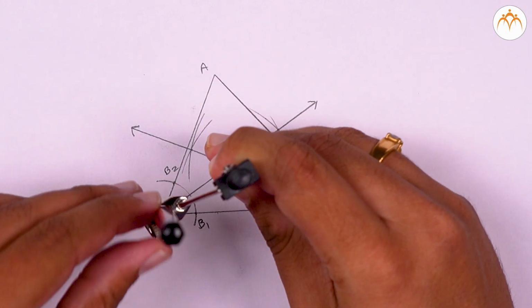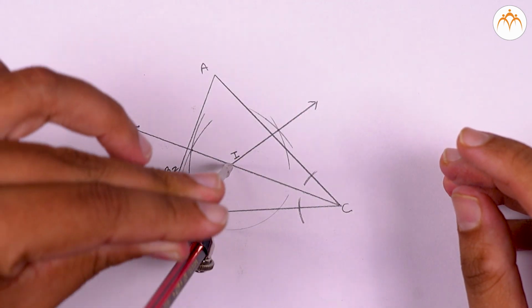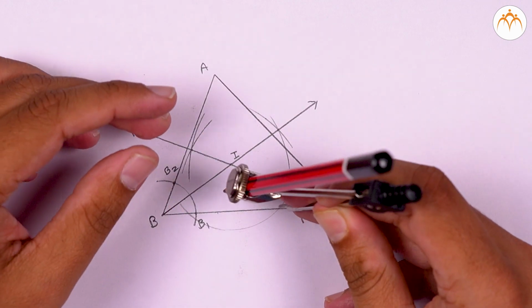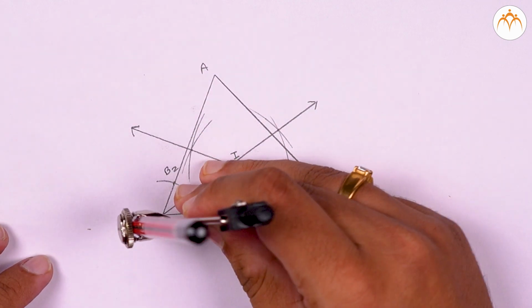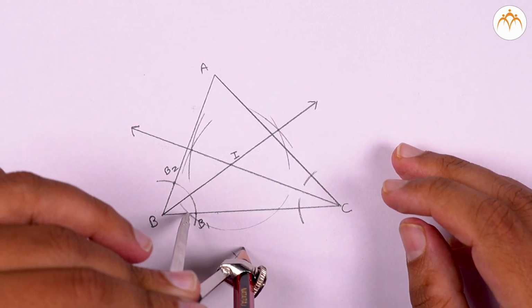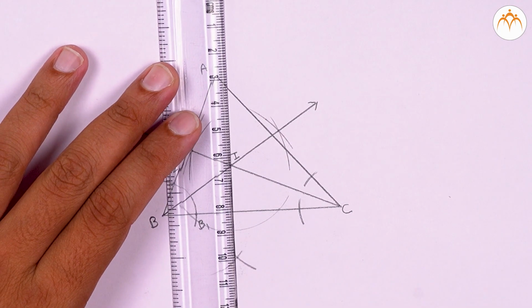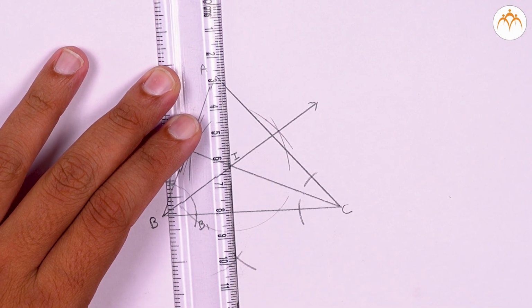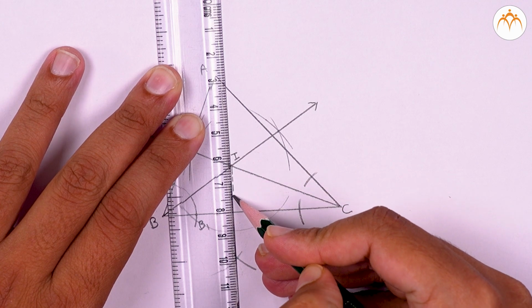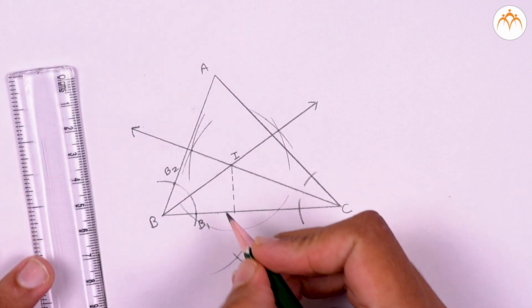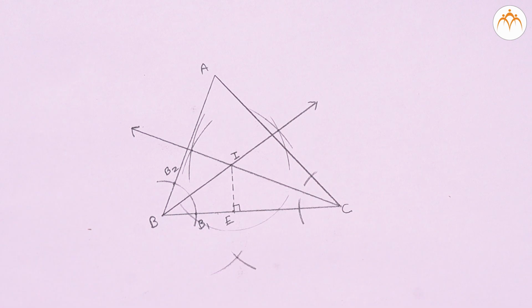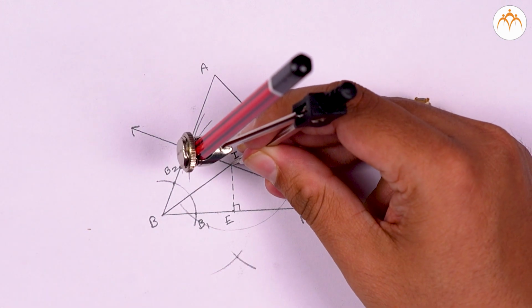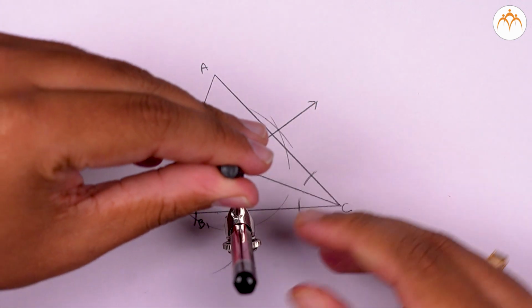Now draw segment IE perpendicular to BC. Taking IE as the radius and I as the center, let's draw a circle.